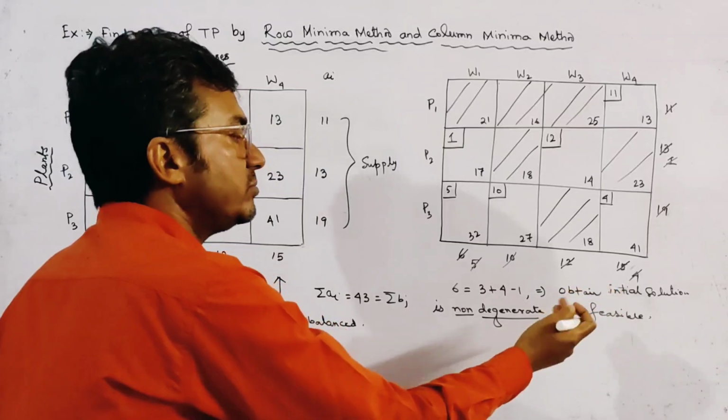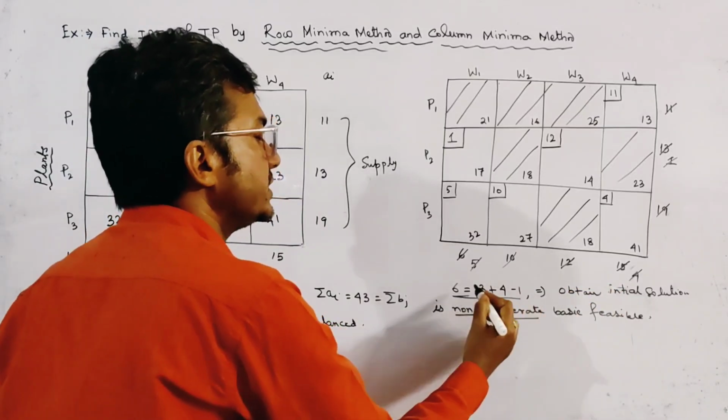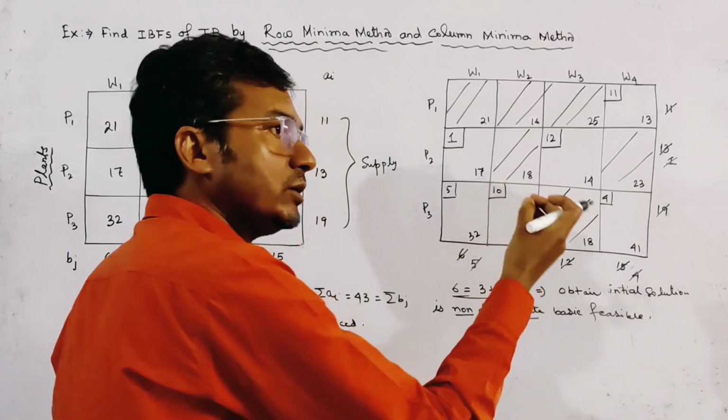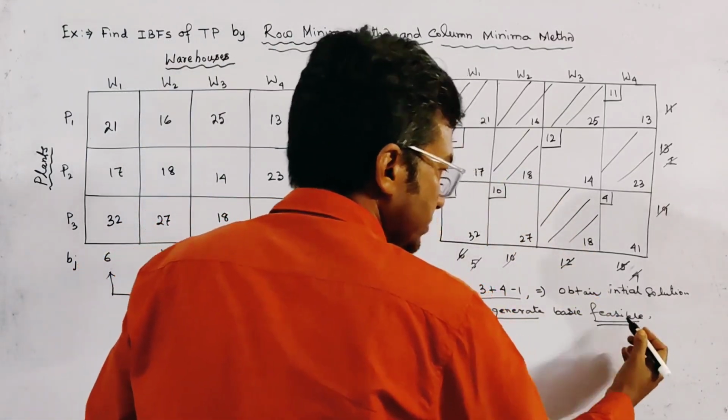And basic feasible because the number of allocated cells is 6, so it is basic, and all the allocations are greater than or equal to 0, so it is said to be feasible.